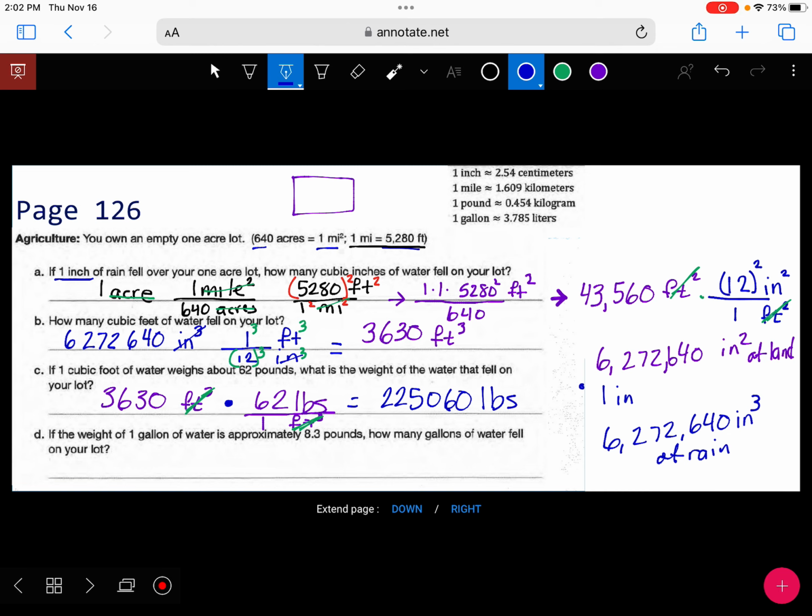Okay, our last one in this annoying water problem is that the weight of 1 gallon is 8.3 pounds. Using the numbers that we have, how many gallons fell on our lot?